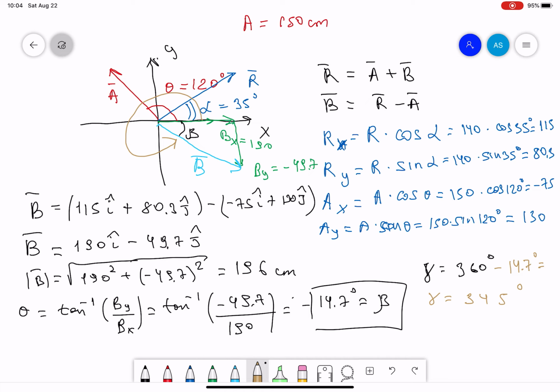Now obviously this B vector has to be transferred, so it has to move up. When you move it up, your B vector has to be connected to this one. This is how you find it. So in this case, your beta angle is this one. Okay, this is how you find the solution.